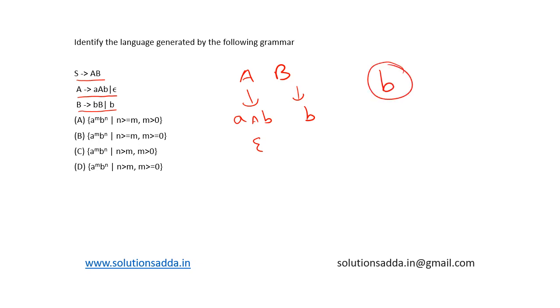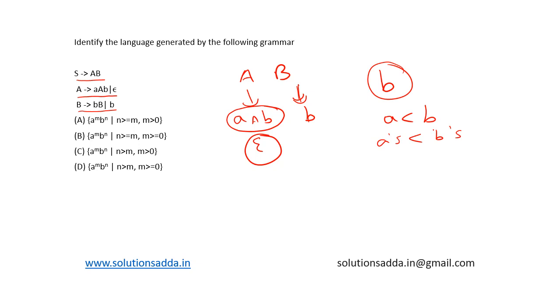So the number of a's and b's will be in the form that a will always be less than b, because this will generate an equal number of a's and b's, or this can generate epsilon. So A can generate equal numbers of a's and b's or epsilon, but B will always generate a minimum of one b. So the number of a's will be less than the number of b's always.